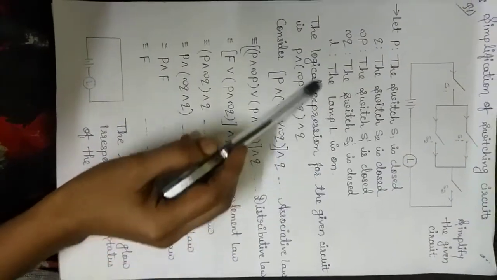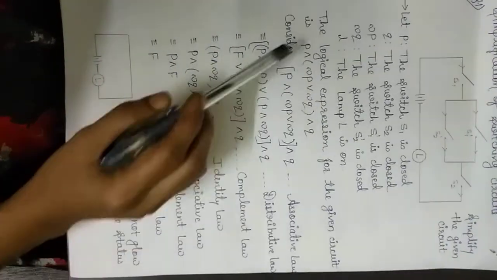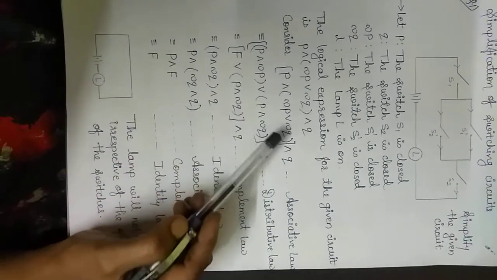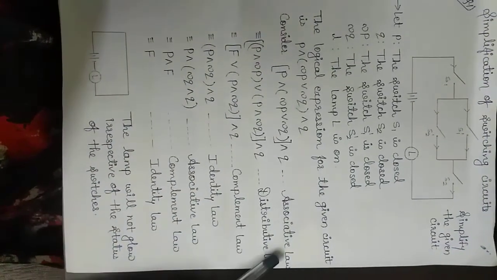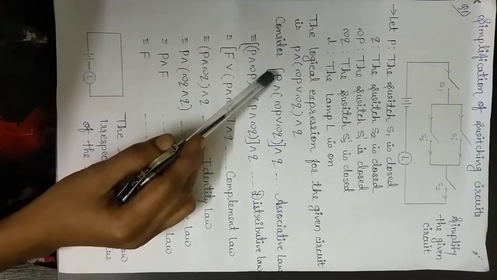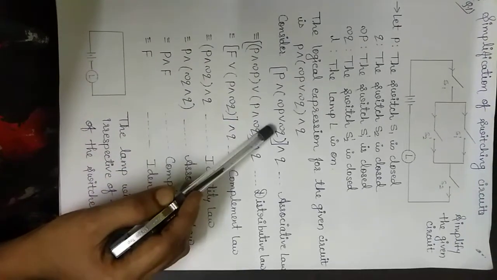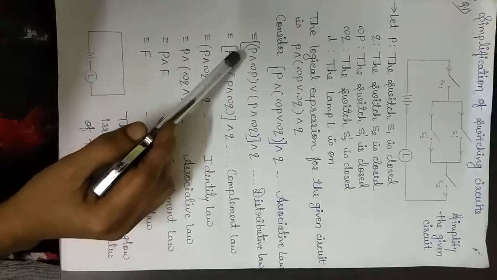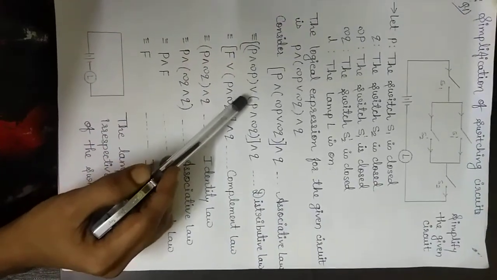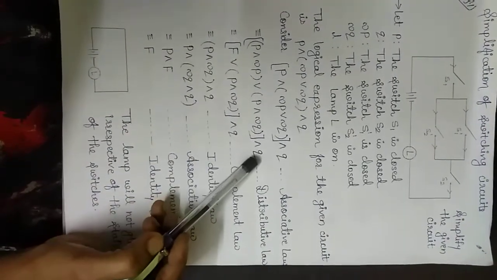Now we want to simplify this logical expression. So here first we will consider these two expressions in bracket. That we can call as associative law. Now here we can distribute this P and to both these statements, negation of P as well as negation of Q. So here we will get (P and negation of P) or (P and negation of Q), keeping this and Q as it is.